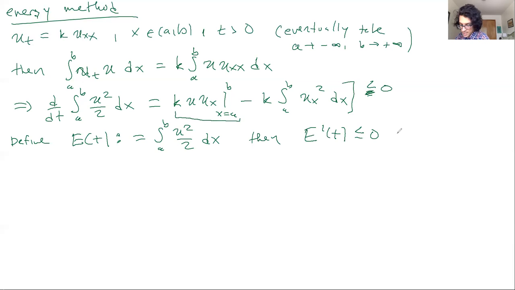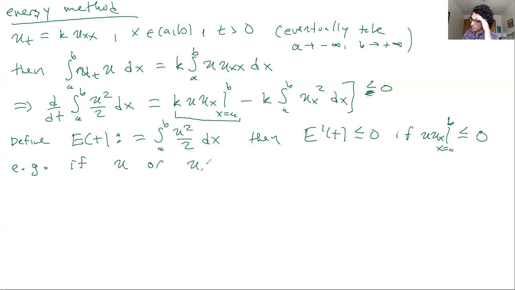But I have to put a condition: it'll be less than or equal to 0 as long as this boundary term is itself less than or equal to 0, okay? And how does that come about? Well, that's going to come about if u or u_x is equal to 0, okay, at x equals a and b, right?